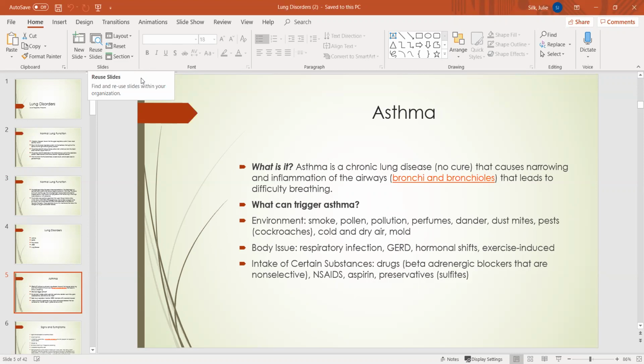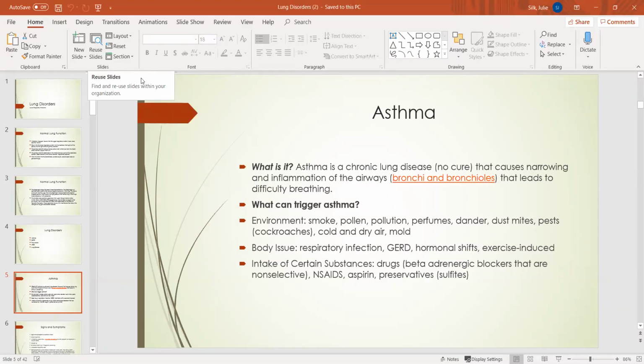So if you're writing notes here in this stuff, I would list some of these things as triggers. So smoke could be a trigger. Pollen, when you're outside, you know, and there's a lot of pollen and stuff, that could be a trigger.